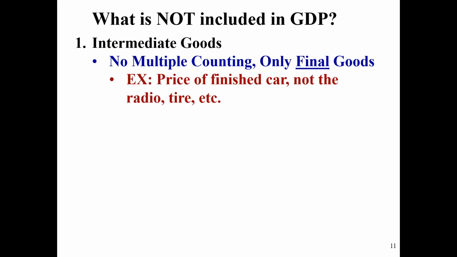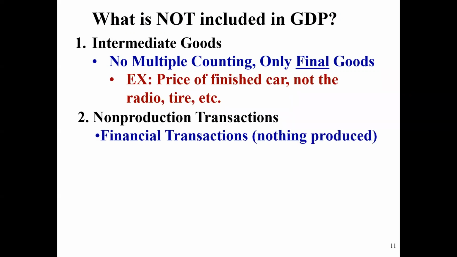Okay. All right. What is not included in GDP? Intermediate goods. So, like the tires on a car, the radio in the car. Why? Because all those are put into the price of the total car. Like I said earlier, the sauce and cheese on a pizza. Why? That's all included in the price of the pizza.